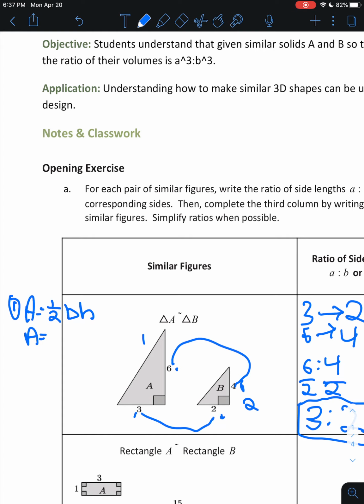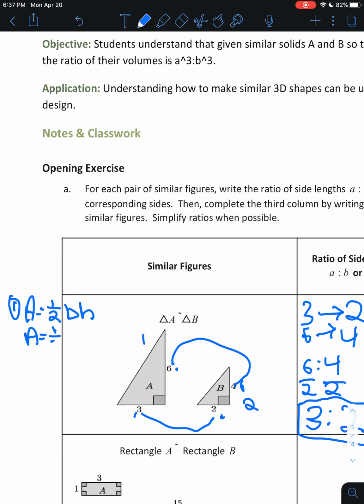So for this bigger triangle, our area would be 1/2, our base is 3, and our height is 6. You could put that in the calculator or you can do it in your head, but our area would end up being 9 for the bigger triangle.